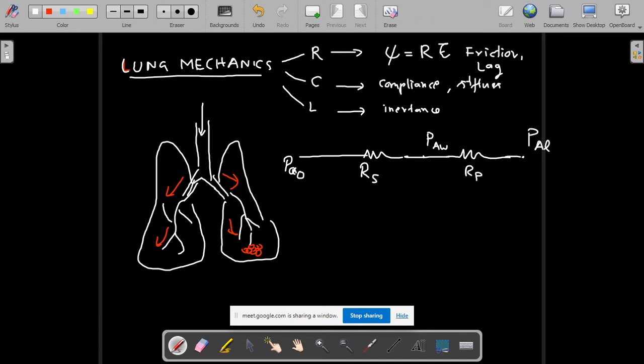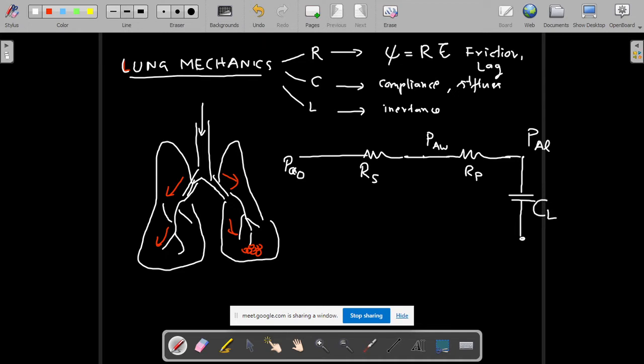Then there is the alveoli pressure, where the exchange of gases takes place, and that depends upon the compliance of the lungs. If the lung is able to expand more, then more oxygen transfer takes place. So the compliance of the lung is given by a factor CL.